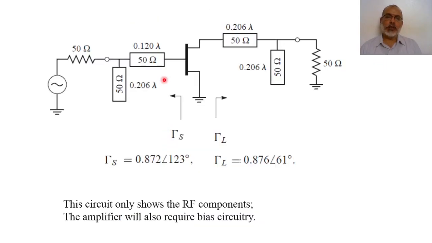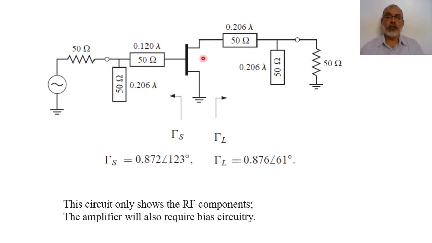So this is the input matching network, and this is the output matching network, and here is the source, and here is the load. In this case, we have gamma source equal 0.872 with an angle 123 degrees by using this input matching network, and we have gamma load equal 0.876 with an angle 61 degrees for the output matching.